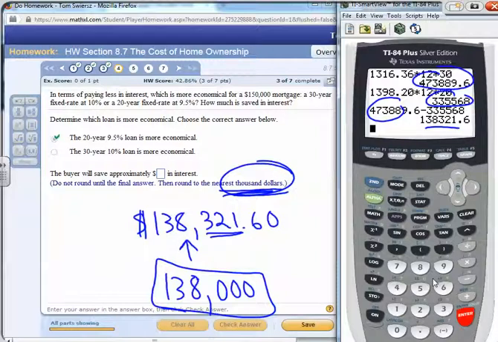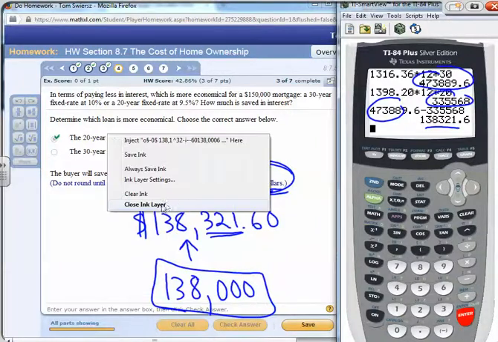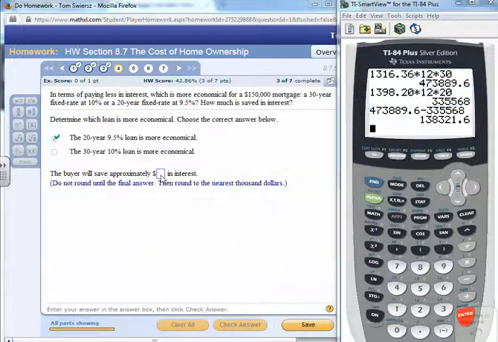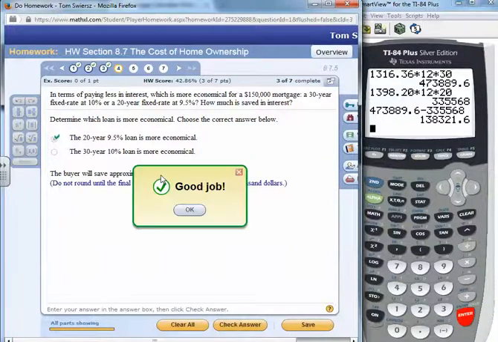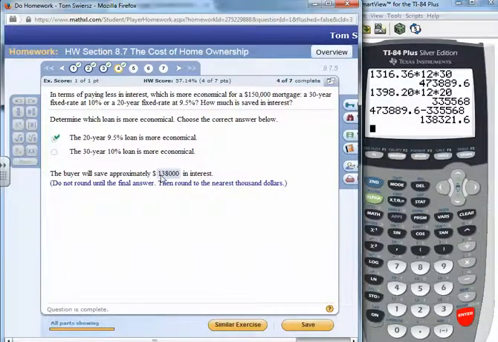So it'd be 138,000 for the difference. Let's go ahead and put that in to verify we have it correct. All right, that indeed is the correct answer.